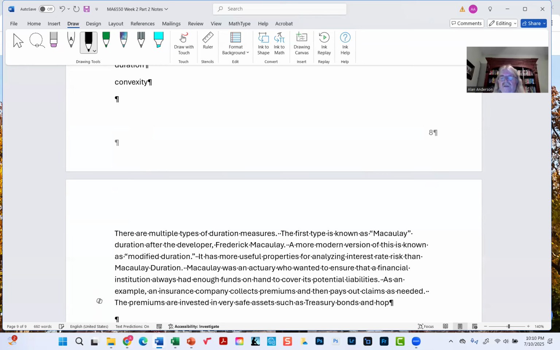And hopefully, the returns to these investments will ensure that no matter how many claims take place, the insurance company will have enough money to cover them.